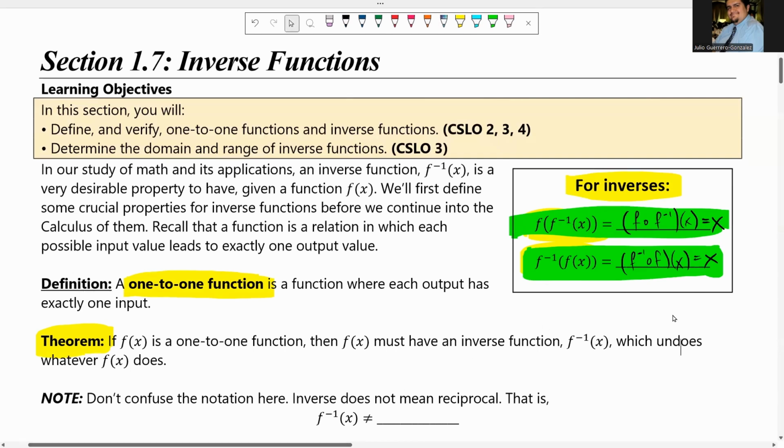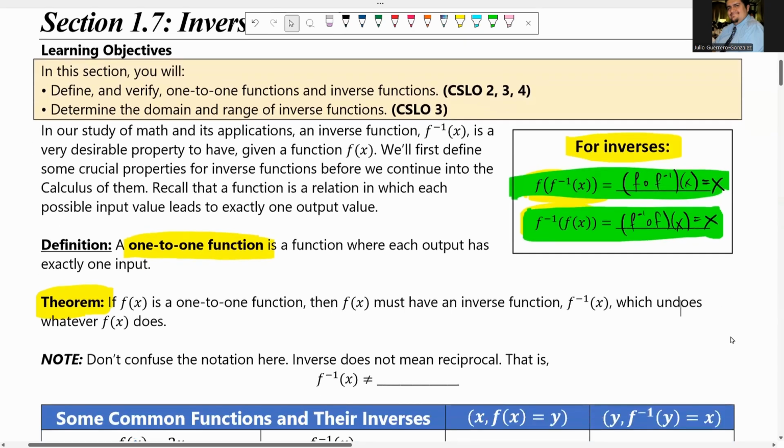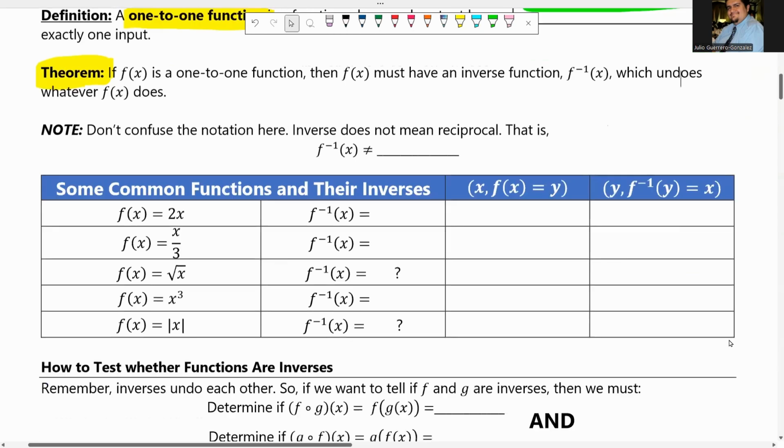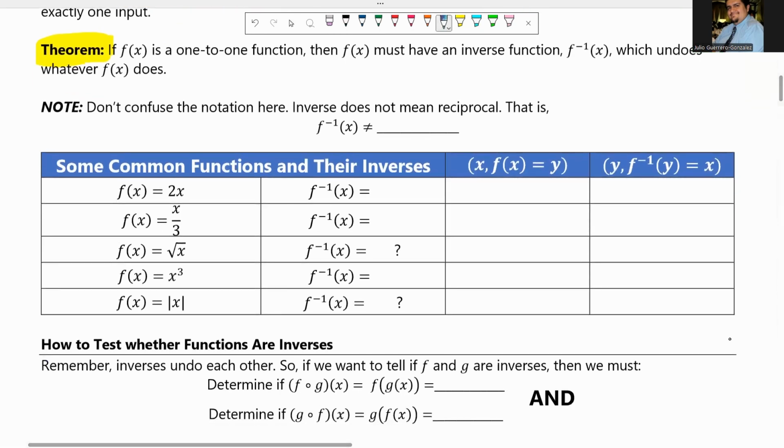I know this is going to sound confusing, but in terms of the notation, I haven't formally shown anybody yet: you see that to the -1 that denotes an inverse. That does not mean this, and we're going to get here eventually, just not yet.